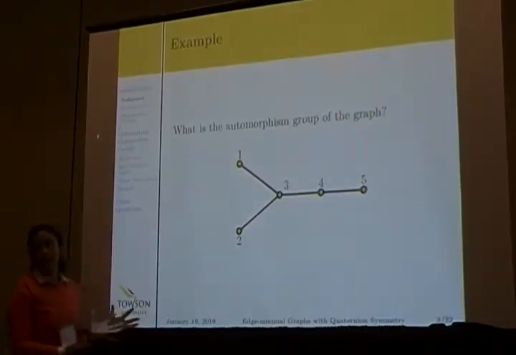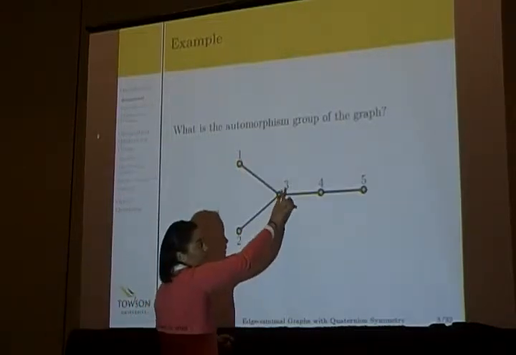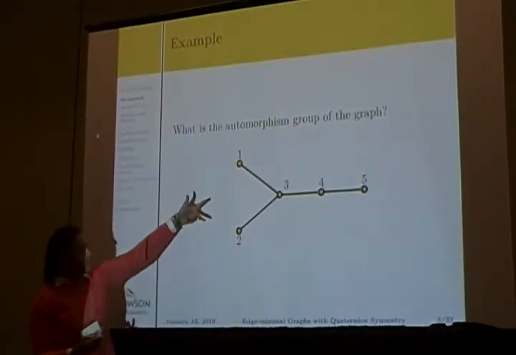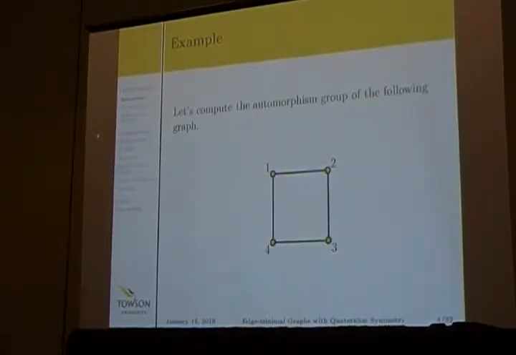In turn, its neighbors will form an invariant set, but only one of its neighbors has degree 2. So if 3 will be fixed and 4 will be fixed, then 5 will be fixed. And so the only thing we're allowed to do here is interchange vertices 1 and 2. So the automorphism group of this graph is isomorphic to a cyclic group of order 2.